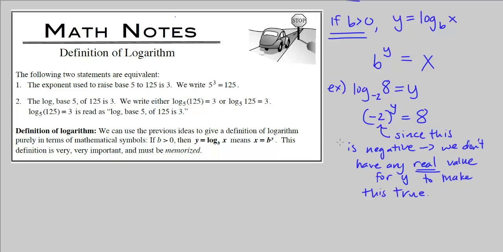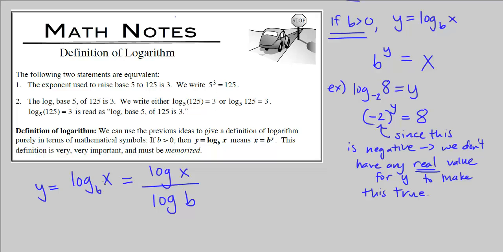Another way to think about it: this is just an example, and we can use it to explain why. Let's look at the definition of log. Start here: y equals log base b of x. This is equivalent to log base anything, so let's say log of x divided by log of b.